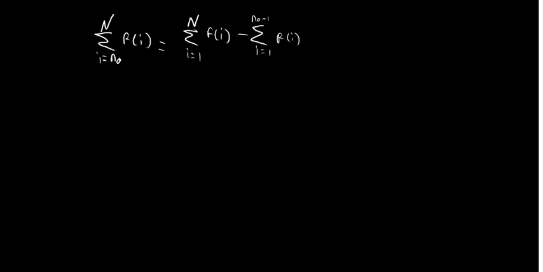Let's say I've told you to find the summation of the numbers from 5 up to 10. It would be 5 plus 6 plus 7 plus 8 plus 9 plus 10. Especially with big numbers, if I tell you to find the summation from 10 up to 1000, you're not going to do that by hand. You're going to do that by formula.